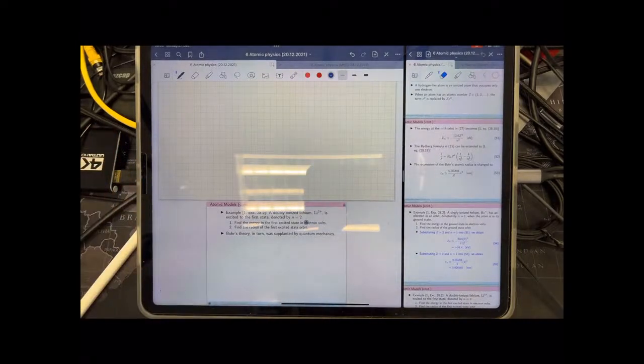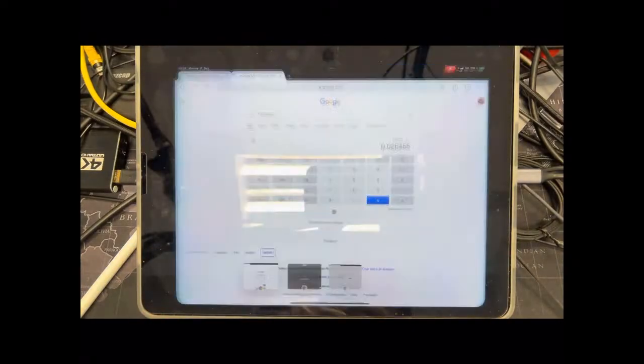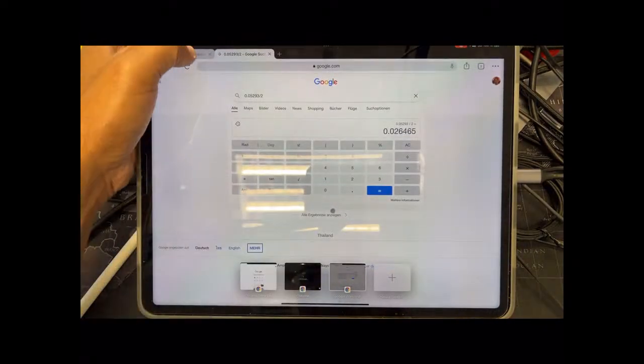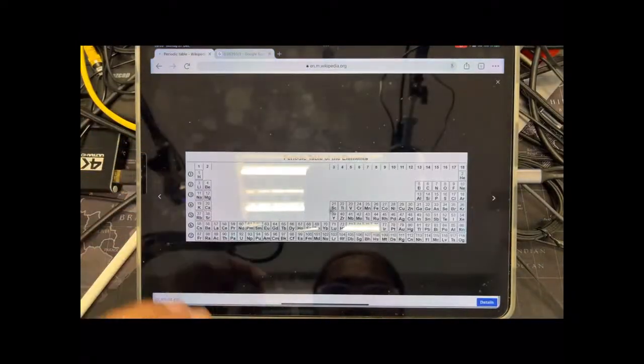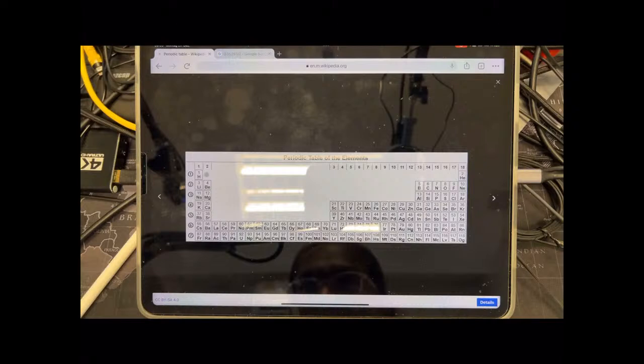Okay, let's consider the doubly ionized lithium. Doubly means we throw away 2 electrons from the lithium. Let's get back to the periodic table and find where lithium is located. We start from helium, with 2 protons and 2 electrons.